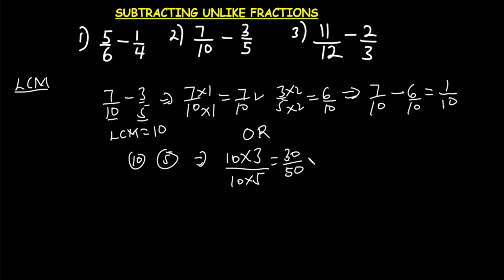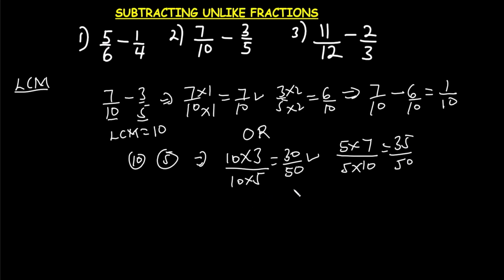Now put this there and take the second denominator, which is 5, and multiply by the first fraction. So I have 5 times 7 over 5 times 10, and 5 times 7 is 35 over 50.